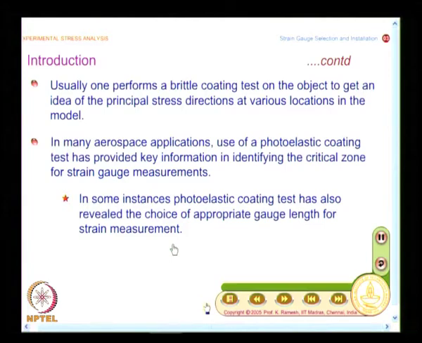This is the general thumb rule when you are looking at a complex problem. A combination of a whole field technique and a point by point technique makes your analysis faster, at the same time reasonably accurate, because in a complex problem, the first identification is which are the critical zones. A whole field technique can give that very easily, and in those locations you place strain gauges and refine your measurement.